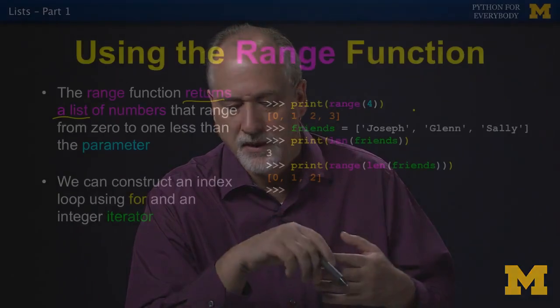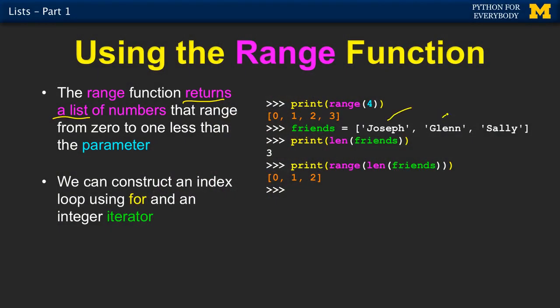And the reason for this is that they can then correspond to the index position either in lists or in strings, because a 3-element list is 0, 1, 2, up to but not including 3. And so if we have a 3-item list here, and we say how many things are in there, it's 3. And if we say print range of len friends, this len friends is 3, and so this range is 0 through 2.